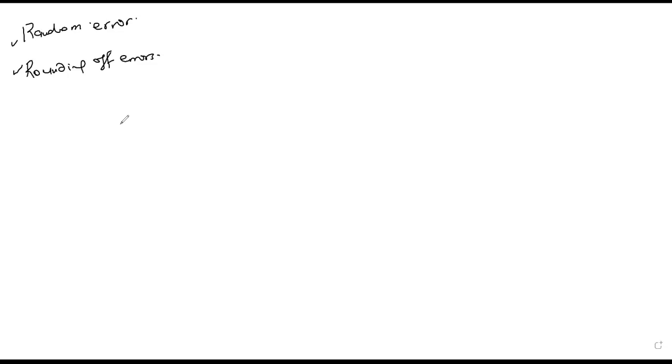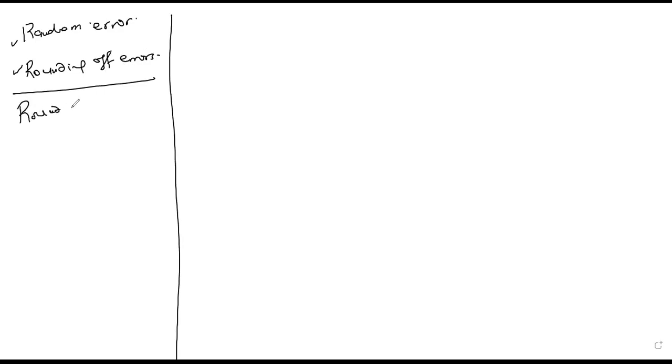For example, if I say round off 2.2456 to 3 decimal places, by reducing the number of decimal places, you're already making an error in the number, because this would be 2.246.